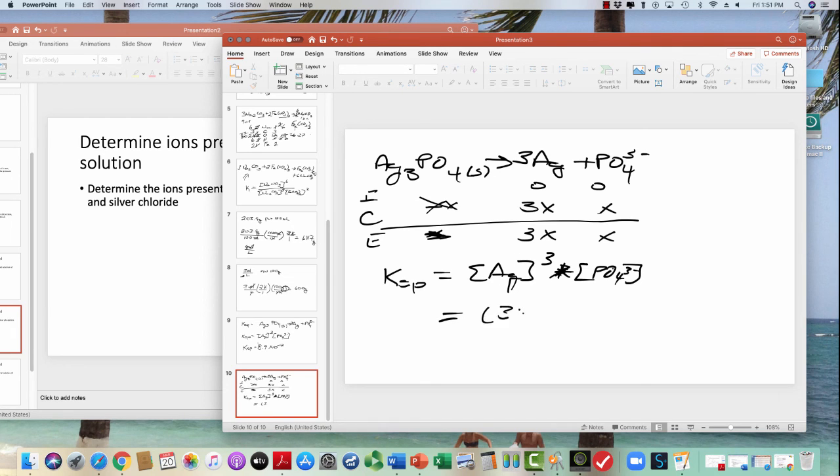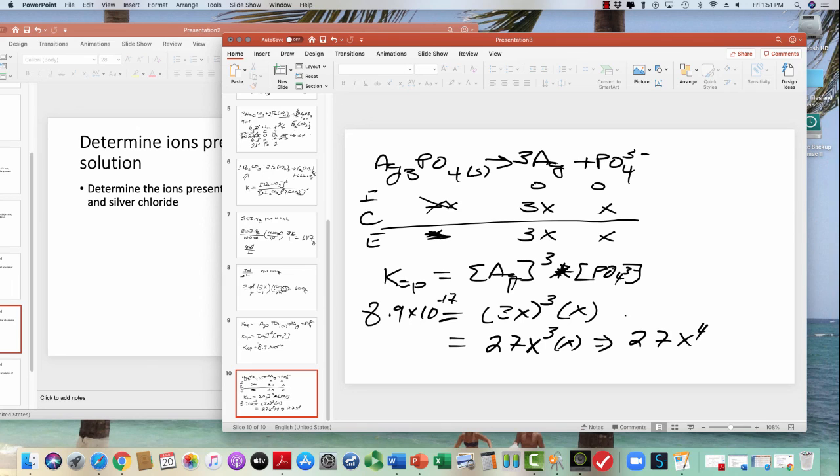We're going to have the quantity 3x cubed times x, since phosphate is x. The Ksp is going to be this 8.9 times 10 to the minus 17. That equals 3 cubed, which is 27x cubed, times x, so 27 times x to the fourth.